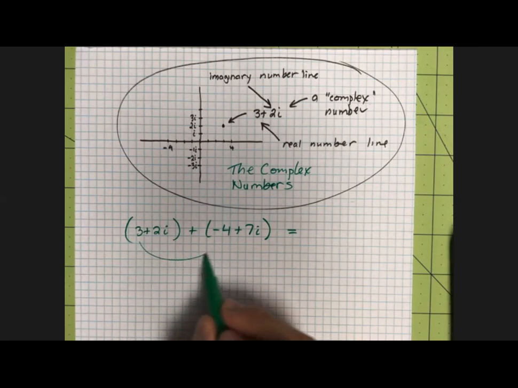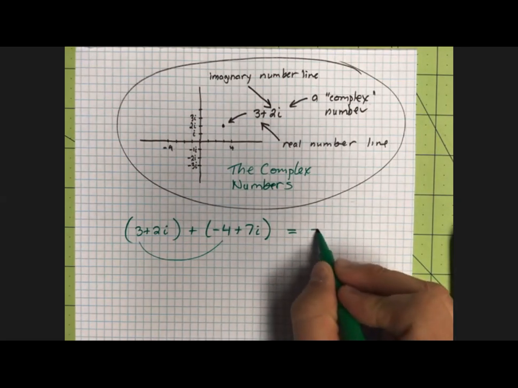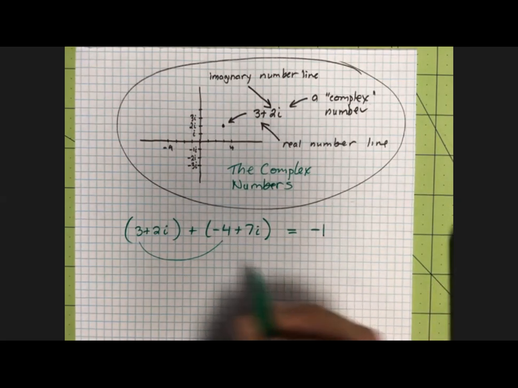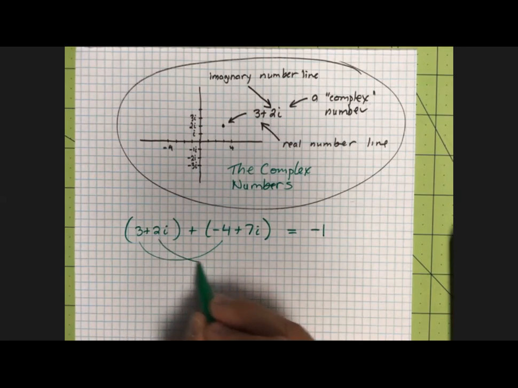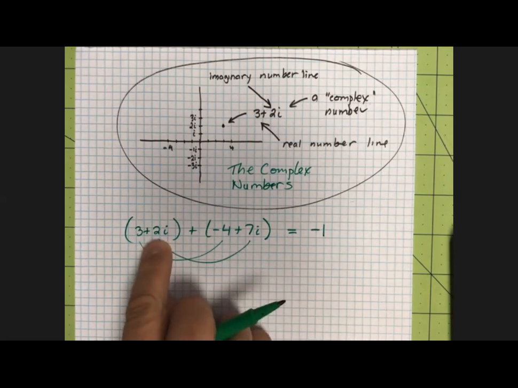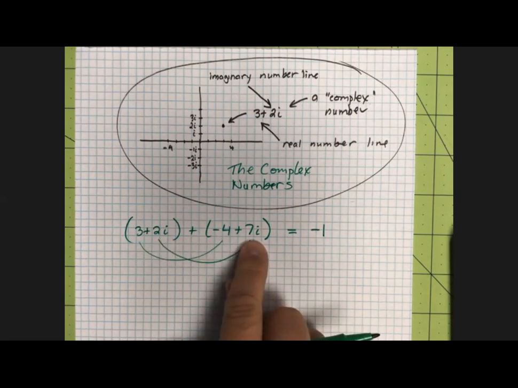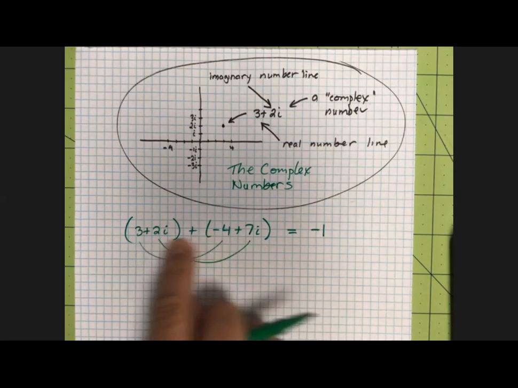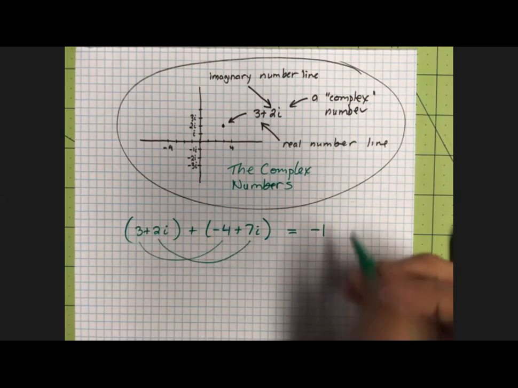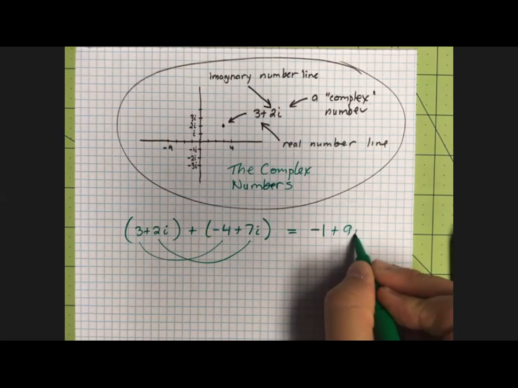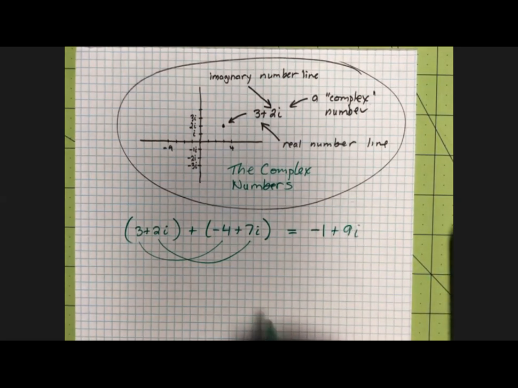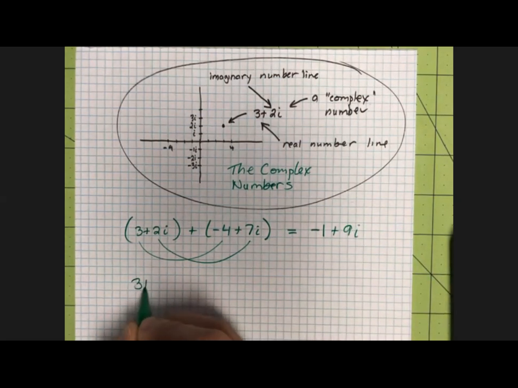You see the 3 and the -4, and you automatically say -1. You say the 2i and the 7i, and you don't even care what i is. If I got 2 i's and 7 i's, then I got 9 i's. And if I would have told you to subtract them, you would have done it just as quickly.